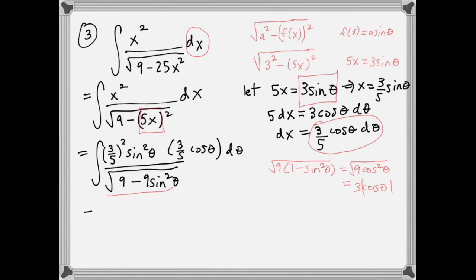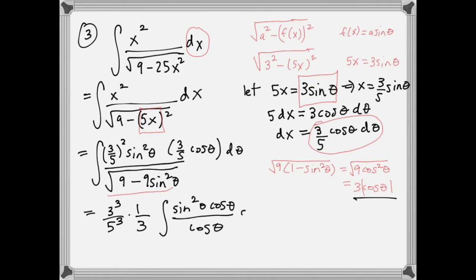Okay, so this is actually equal to, let me start pulling some stuff out here, okay? So we actually have 3 cubed over 5 cubed because I'm combining all of the 3/5 on the top. And then we also have a 3 that we're pulling out from this 3 cos theta over here. So what we're left with is sine squared theta cosine theta, and then on the bottom we have cosine theta d theta.